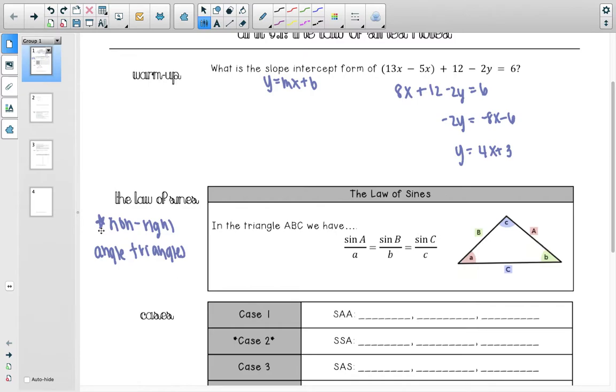So here's my one issue that I realized, and I actually already recorded this video until I made a mistake, and I just felt like starting over because it wasn't too far. If you notice, it says sine of capital A over a. The angle is typically the capital letter, and the side is the lowercase.